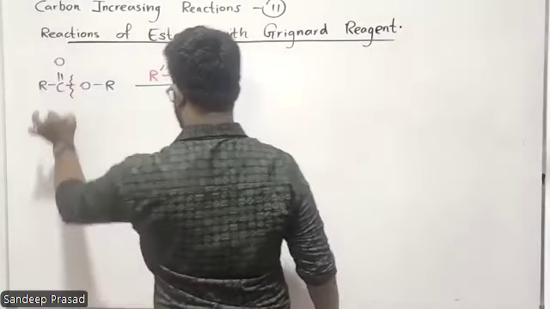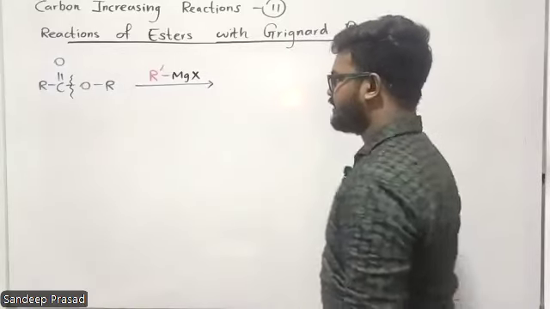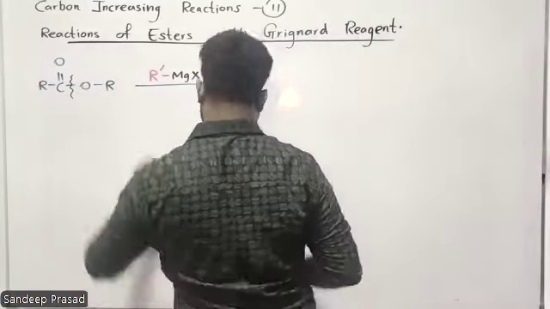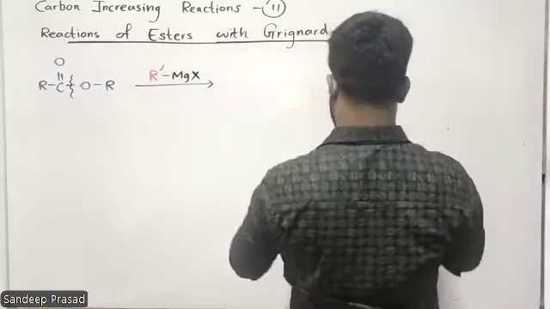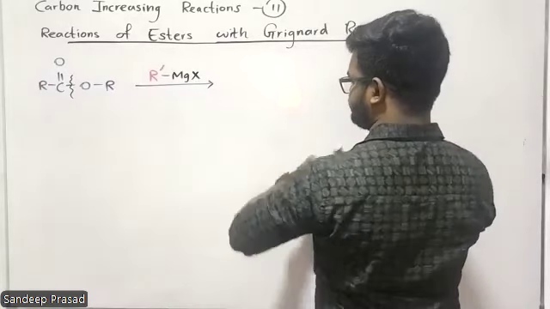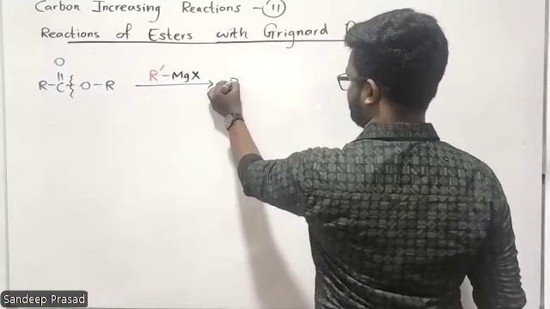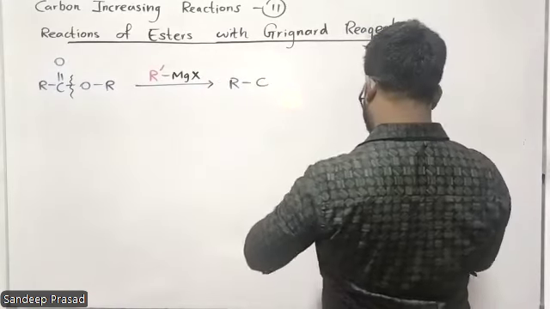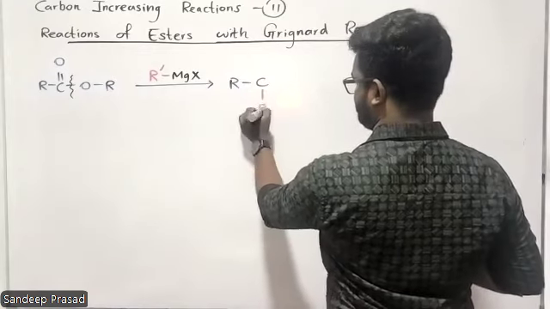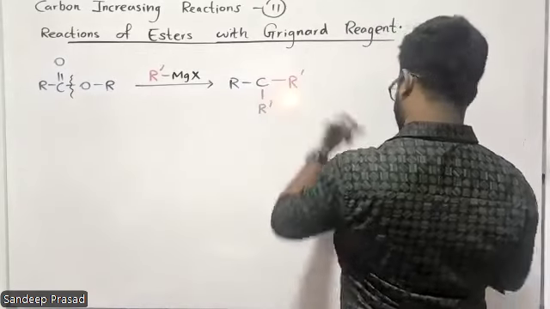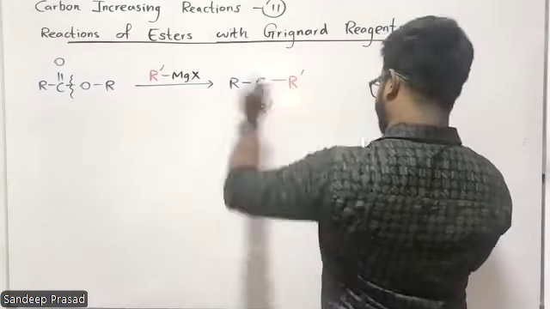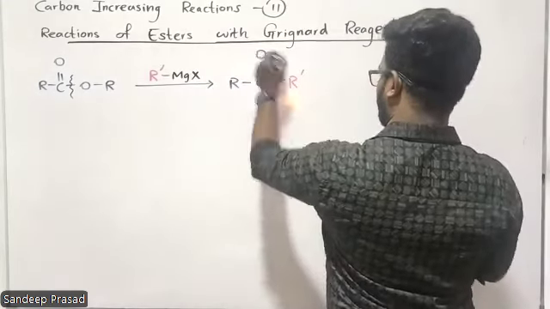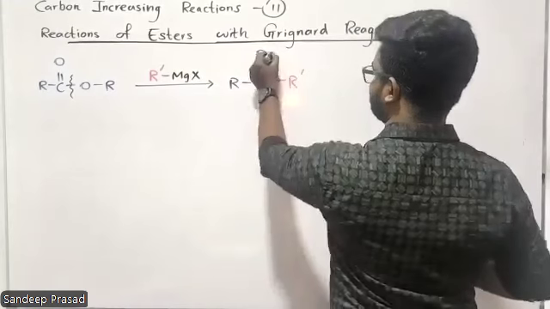First of all, this is breaking, and the R' group is connecting to that carbon atom two times in this way. R, C, R', R'. And MgX is connecting to that oxygen there, OMgX.